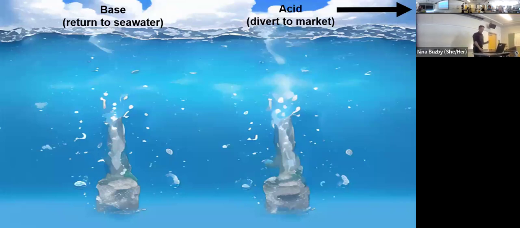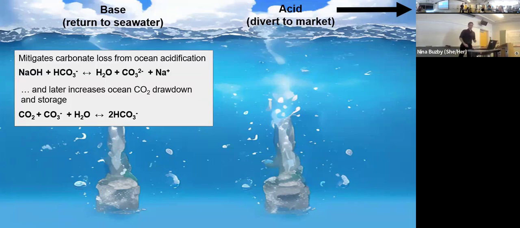When you do this, it has two chemical consequences on two different time horizons. So in the very short term, timescales of less than a minute, you have reaction of the base, represented here as sodium hydroxide, with that bicarbonate, which is the dominant form of carbon in seawater. And then it goes to form more carbonate ions. That's this one here.